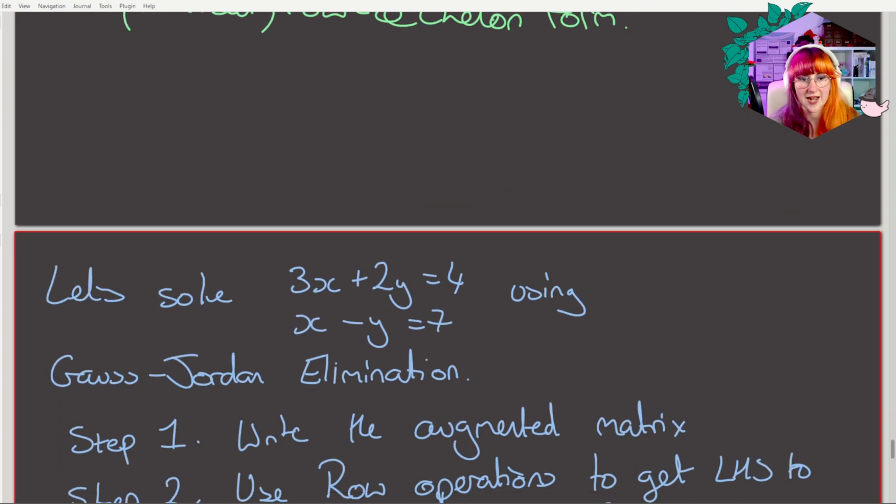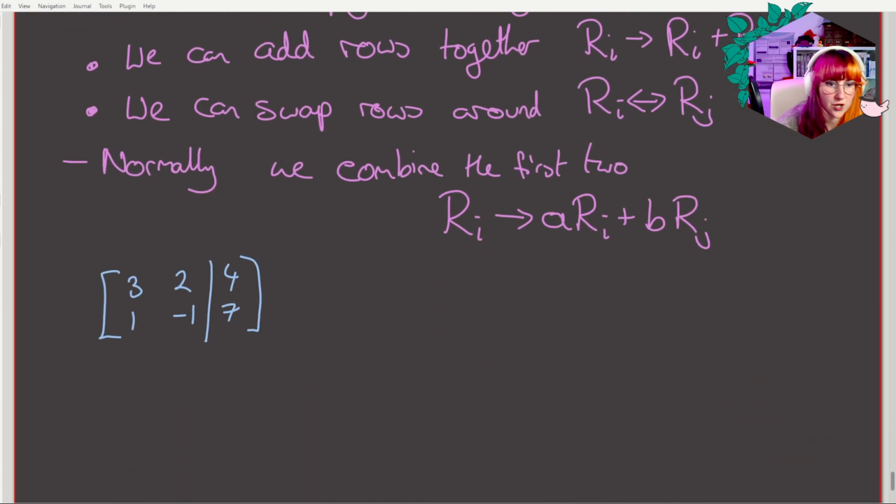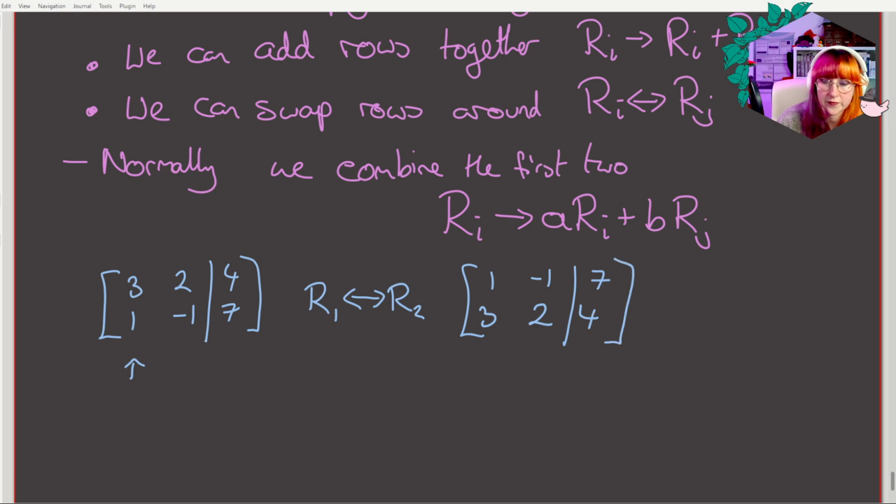So let's look down this first column and see if we can find a 1, and we can. So in order to get that 1 in the top left corner, I'm going to do R1 swaps with R2. And that'll get me 1, minus 1, 7, and 3, 2, 4. Okay, so all I've done is I've swapped the rows, and now I have a leading 1.